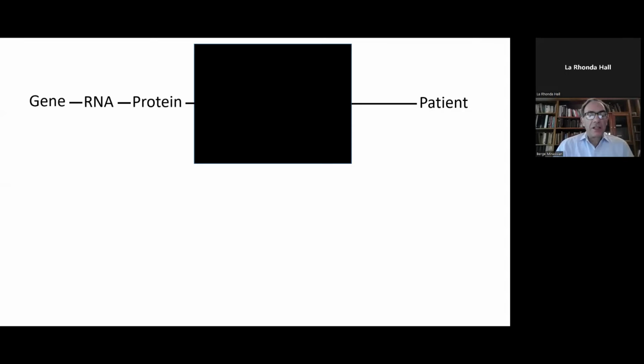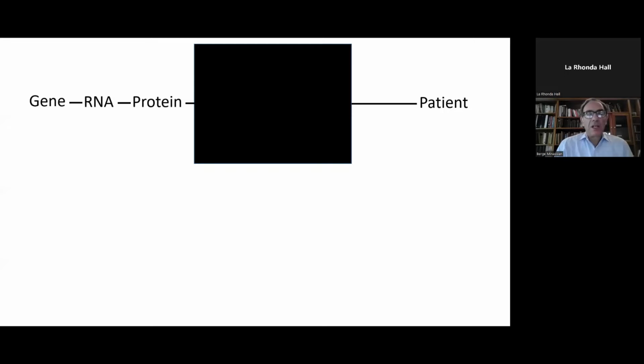But on the other side, we know the causative defect in the gene for most of our patients, for the vast majority of our patients. So many of our patients have single gene defect disorders now. The mutation in the missing gene manifests in many ways. For example, if a gene product is needed to sustain the brain, if you lose that protein, then you have a neurodegenerative disease.